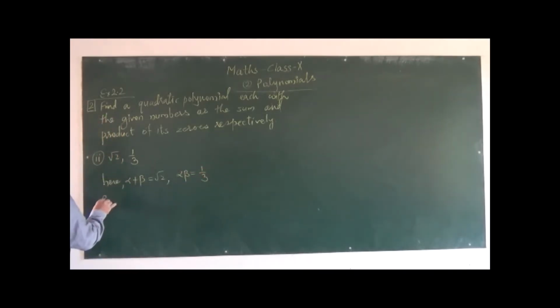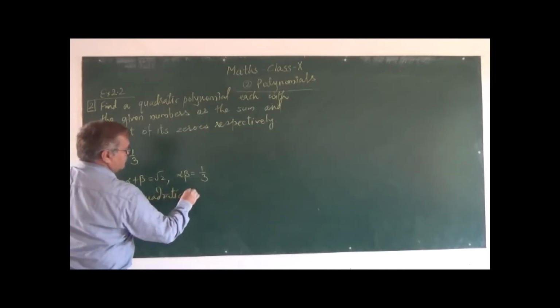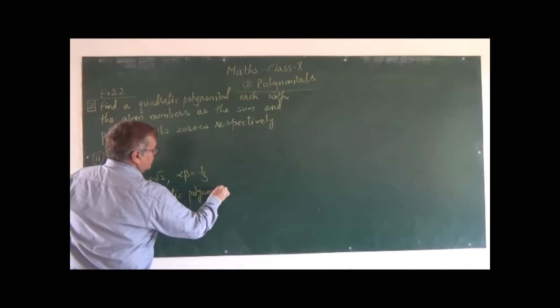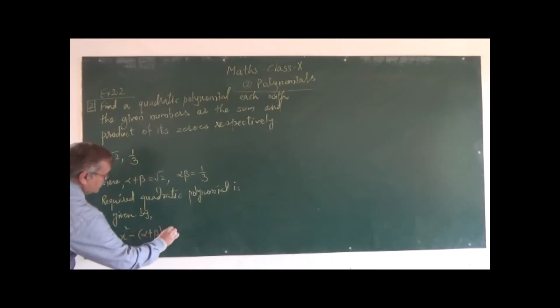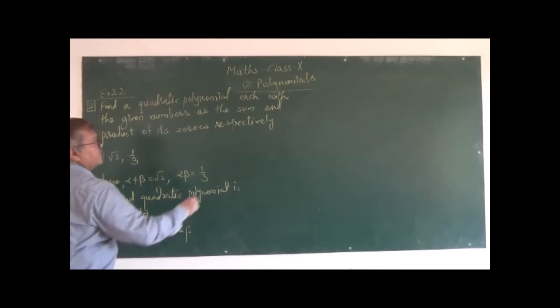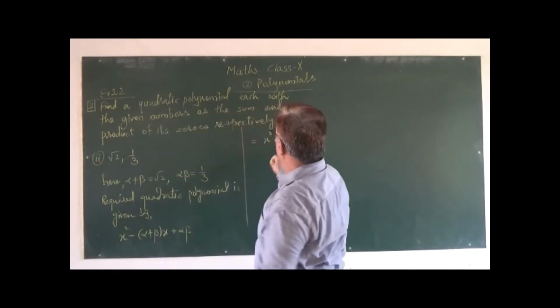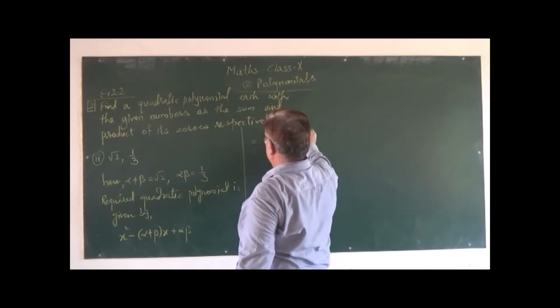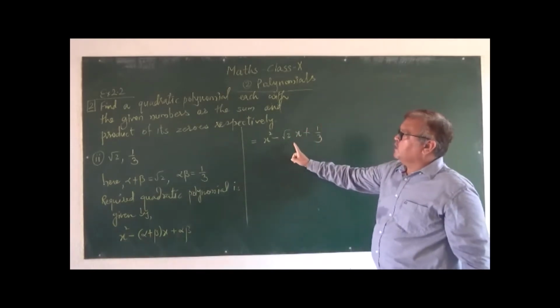So the required quadratic polynomial is given by x square minus alpha plus beta into x plus alpha beta. Just substitute the values here. So x square minus root 2 multiplied by x plus 1 upon 3. So this is the required quadratic polynomial.